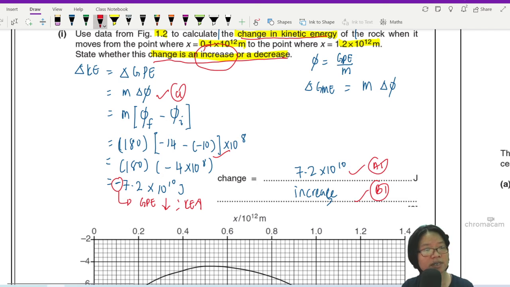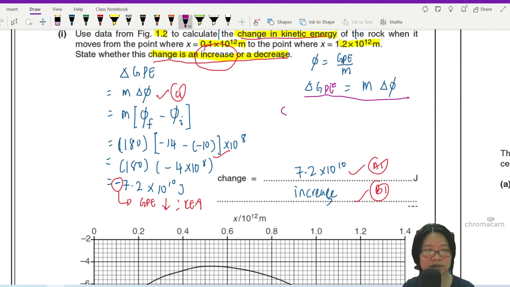Okay, so if let's say this working makes you uncomfortable, you can just find the change in GPE. And then you write another statement here. So what I can say is, since GPE decreases, KE increases. I mean, you write in full sentences lah.